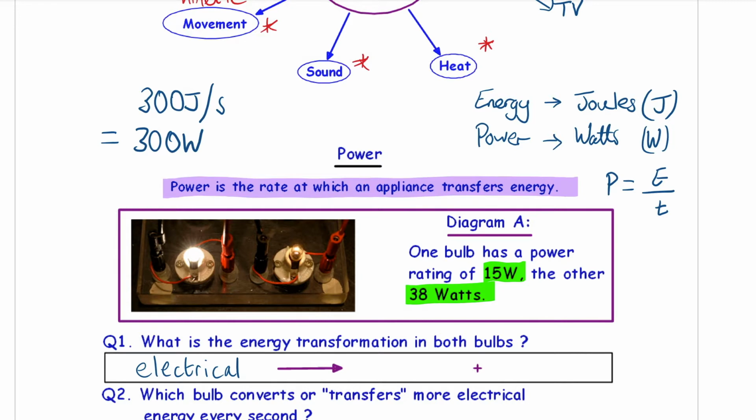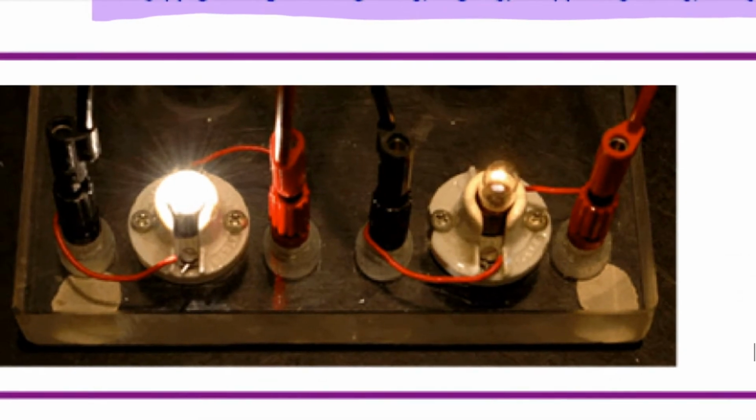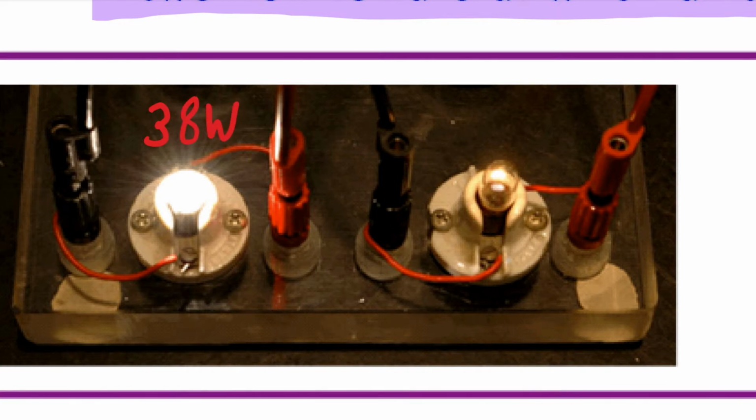Okay, diagram A. One bulb has a power rating of 15 watts, the other 38 watts. Look at the two bulbs. I think the second question is asking which one's which. Well, this is the 38 watts because it is producing more light energy per second than this one here.